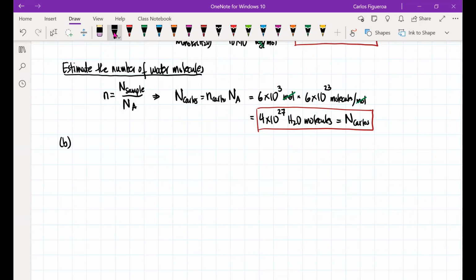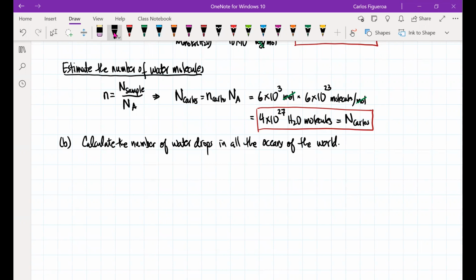And in part B, we want to calculate the number of water drops in all the oceans of the world.